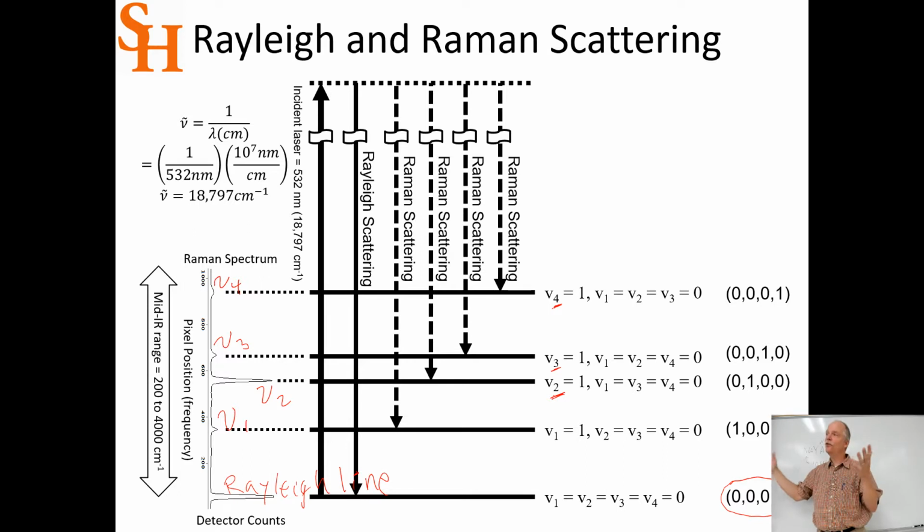It scatters more photons on average than all the others do. And so infrared intensities are based upon the change in dipole moment. So if I've got that CO2 molecule and I have the carbon in the middle and the oxygens here and that carbon's oscillating left and right, this is a molecule that doesn't have a dipole moment until it starts to vibrate. And so that's a huge change in dipole moment. So that's a huge intensity in the infrared.